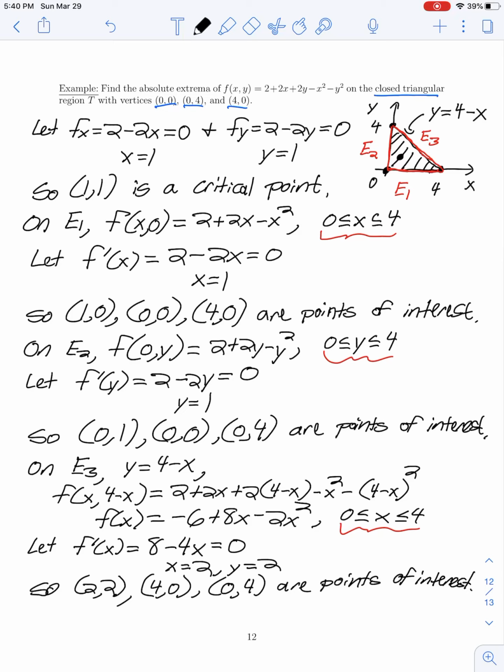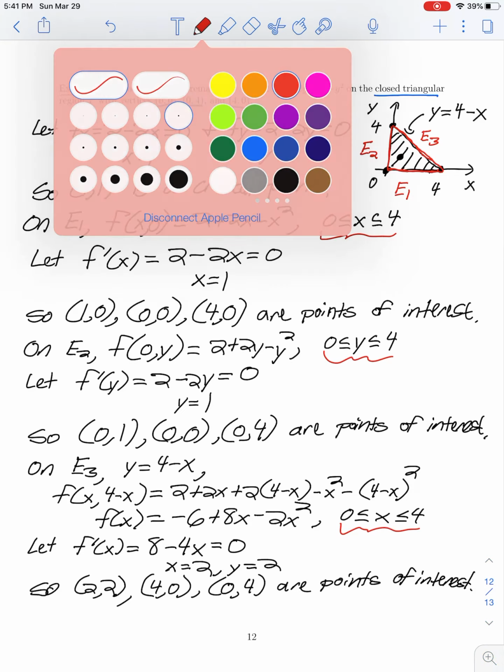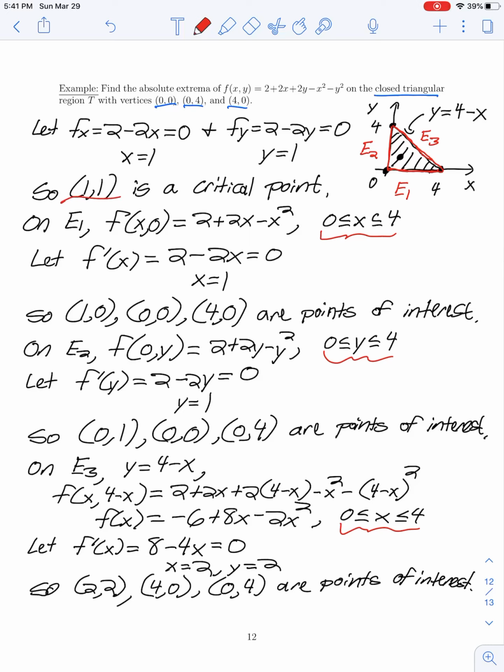Now, once we've found all these points, which are critical points or points of interest for optimizing this function, we need to determine which of these points yields the largest or smallest value of my function.